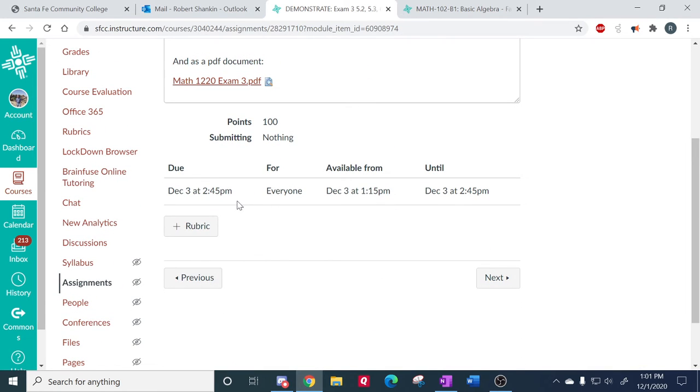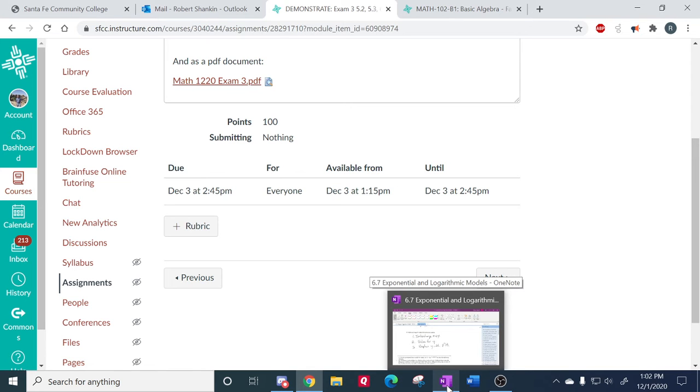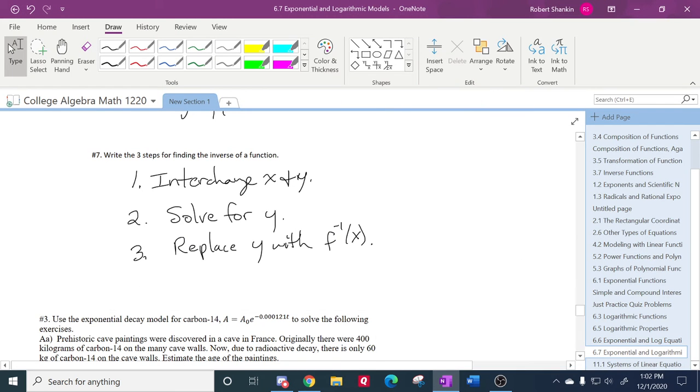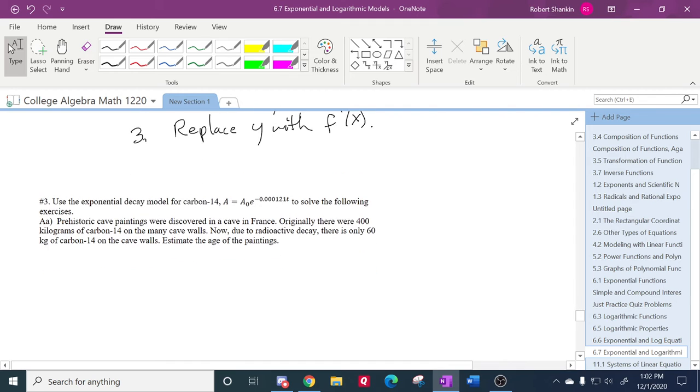On Thursday we will meet for half an hour from 12:30 to 1. We have a break to 1:15. From 1:15 to 1:45, so an hour, or to 2:45, an hour and a half, you have to take the exam. Anything else? All right, let's continue on then.